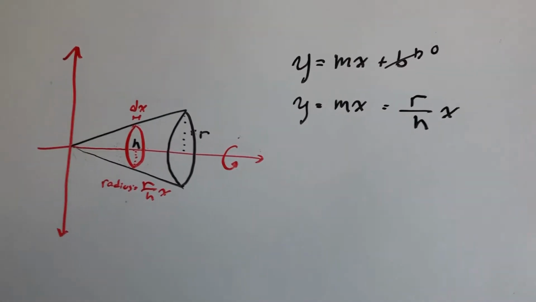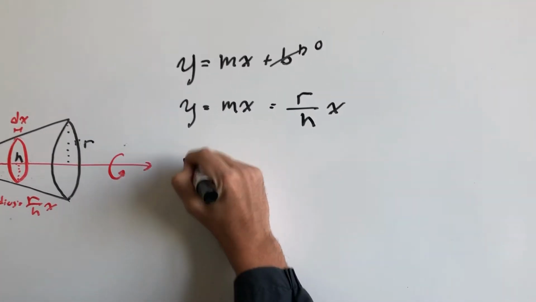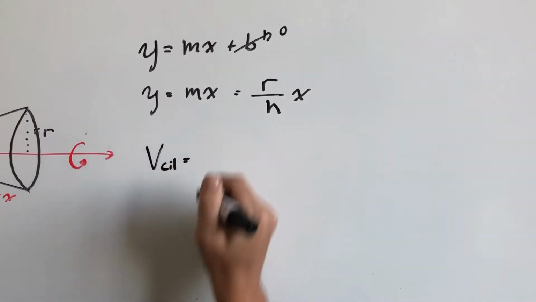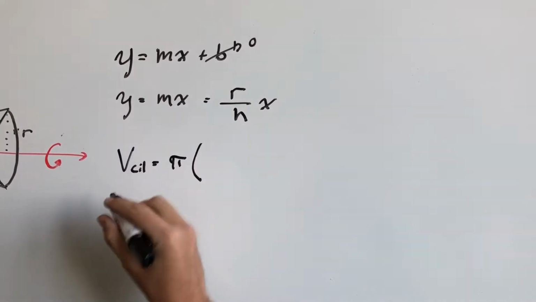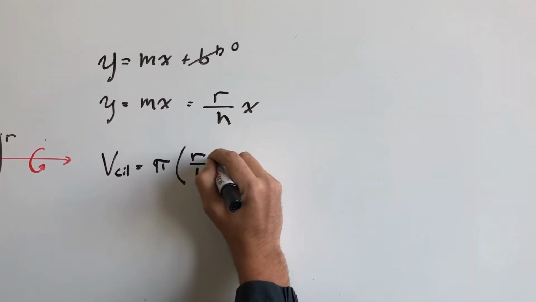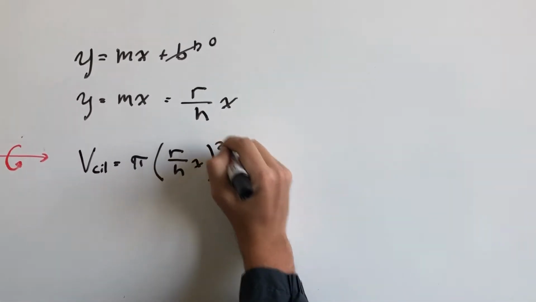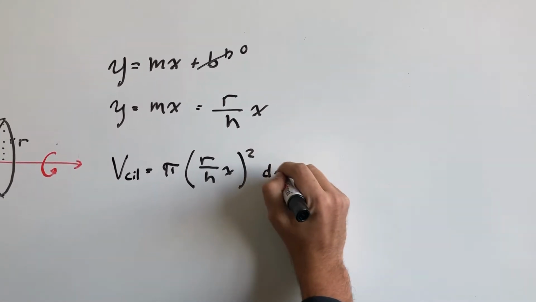Right, so we know that the volume of the cylinder is equal to pi times the radius squared, which is r over h times x, squared, times the height, which is dx.